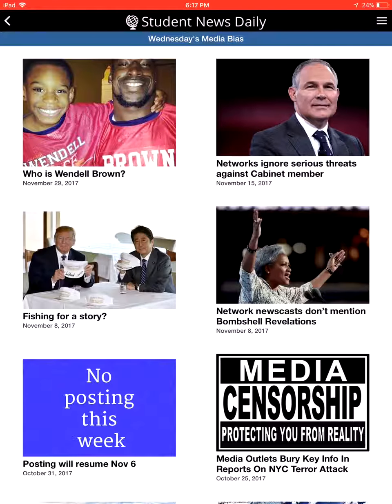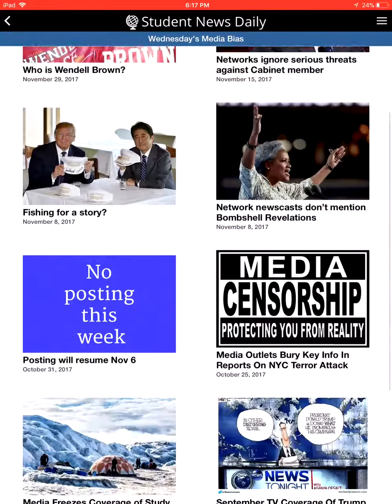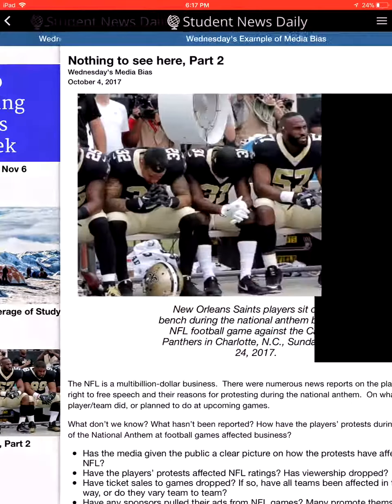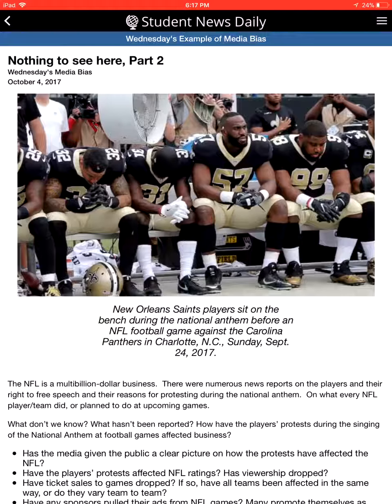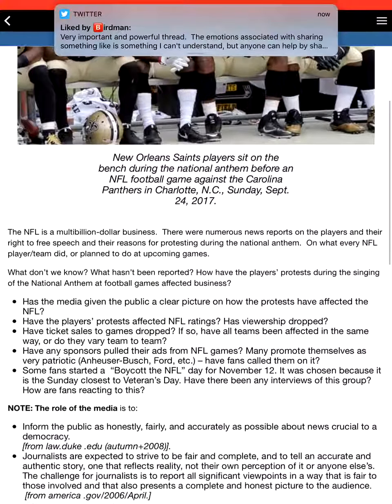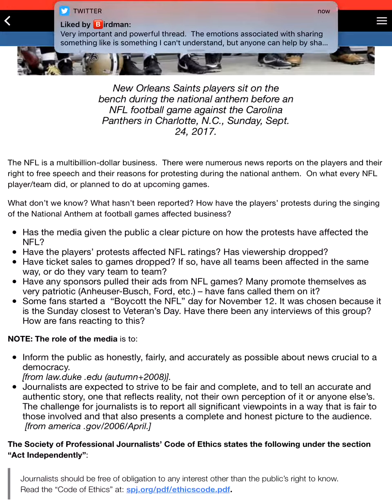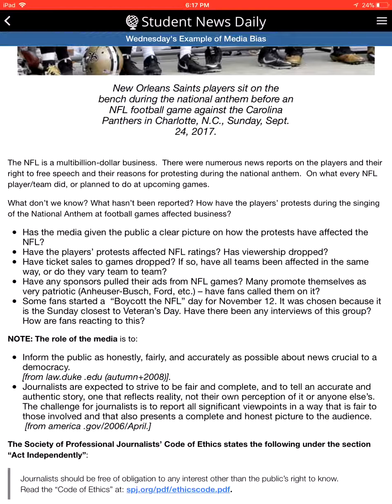This is very awesome because it portrays stories in various news media outlets and how bias is shown by these media outlets, politicians, organizations, etc. This good one from October 4th was about NFL protests and how a lot of stories are centered around the main things, the anthem, all these other things, but they're not really getting into the depths of what the protests are for and how the actual responses have been.